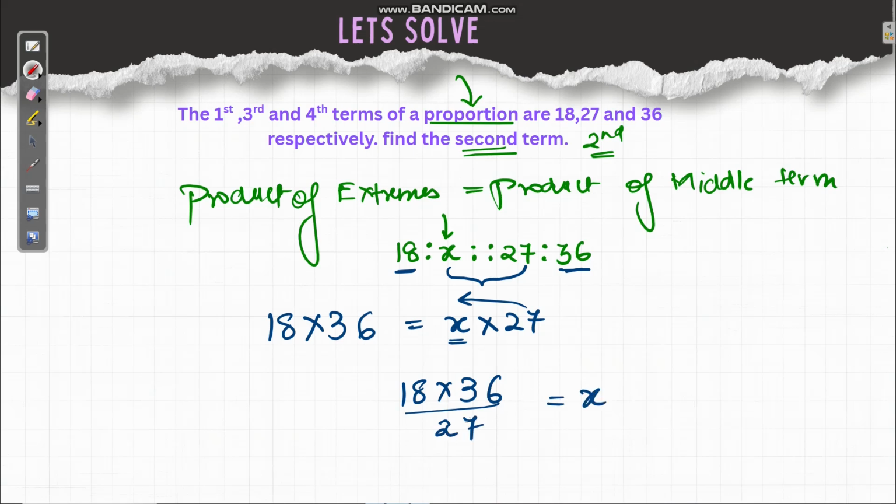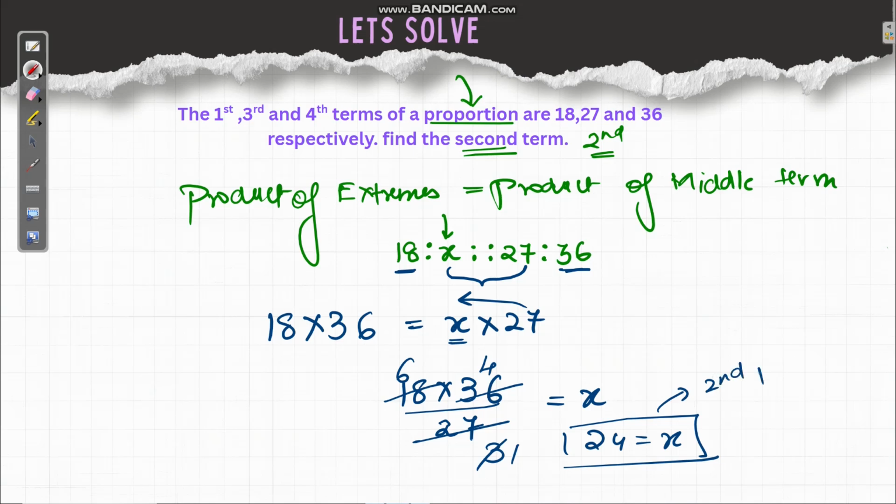Now let's divide this by the number 9. 9 3s is 27, 9 4s is 36, 3 1s and 3 6s. The number that is remaining on the numerator side is 6 into 4, that is 24, is equal to x. So your second term is 24.